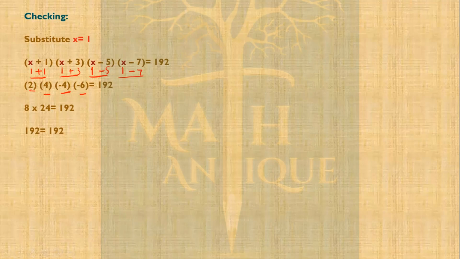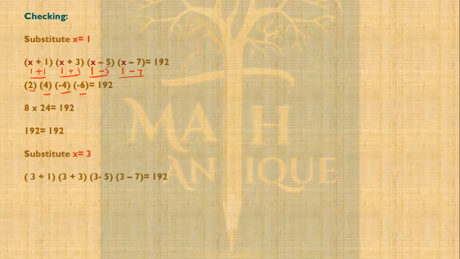Next, the second value of x is 3. Let's check it. After substituting the value, 3 plus 1 is 4, this is 3 plus 3, 6, minus 2, minus 4.